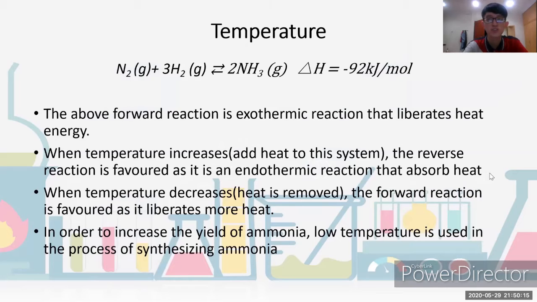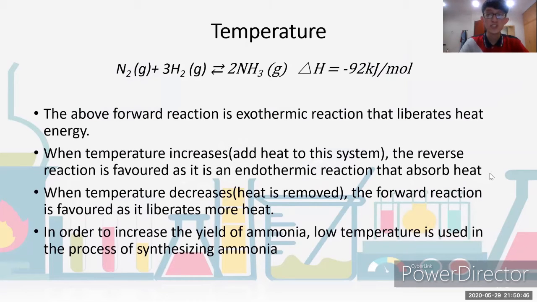Firstly, we'll look into temperature. Consider the following reaction. The reaction is an exothermic reaction that liberates heat energy. When temperature increases, or as the reaction goes by, it will liberate heat. The reverse reaction is favored as it is an endothermic reaction that absorbs heat.